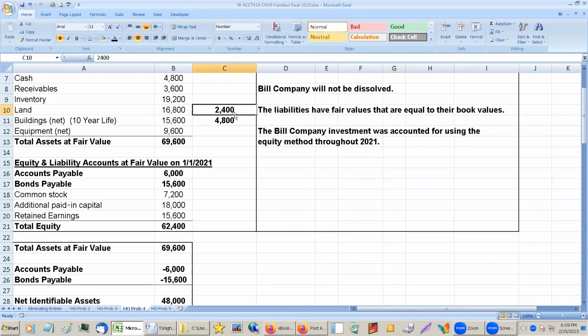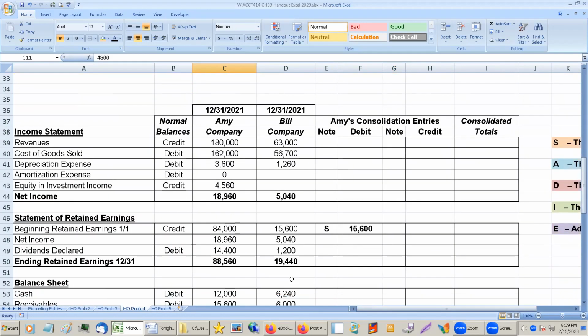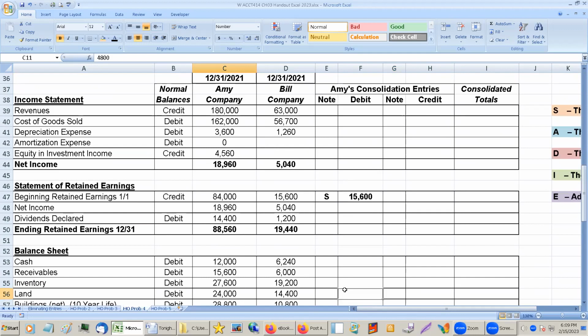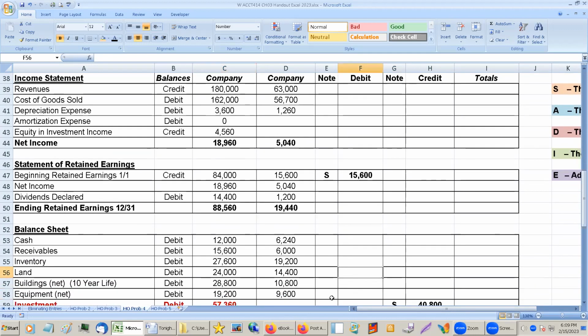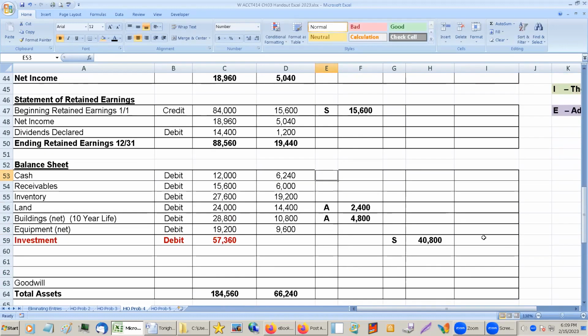Okay, we've got to put assets in the books, land and building, 2,400 and 4,800. Land, building. And I'm missing one.